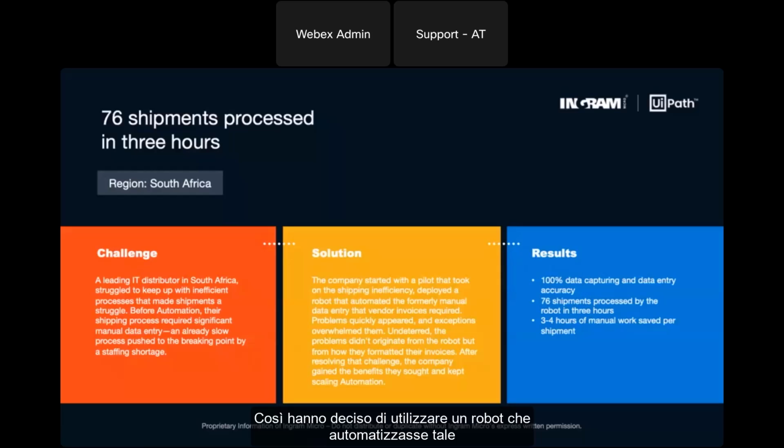So they decided to deploy a robot that automated that formerly manual data entry that their vendor invoices required, and they found that the problems didn't originate from the process itself, but from how their invoices were formatted. The way that they presented the information was the thing that complicated the whole process.